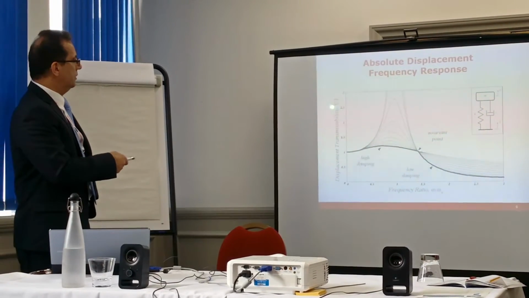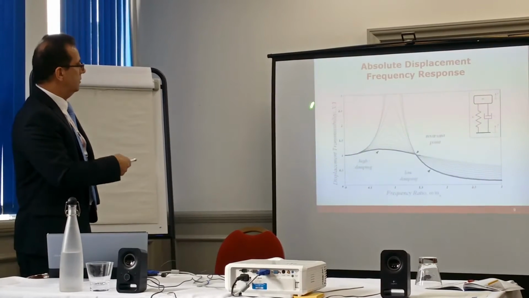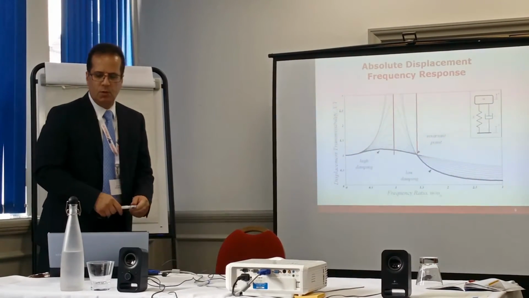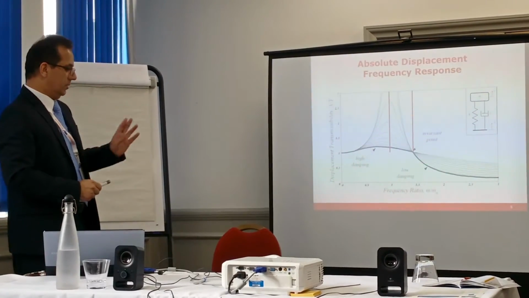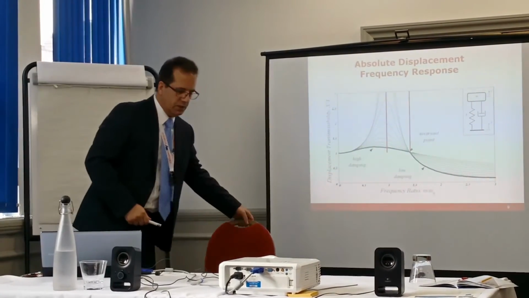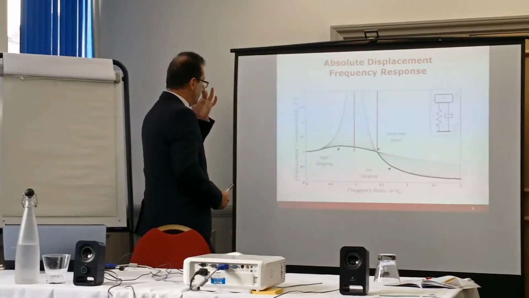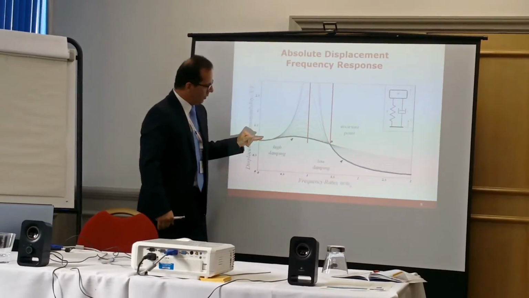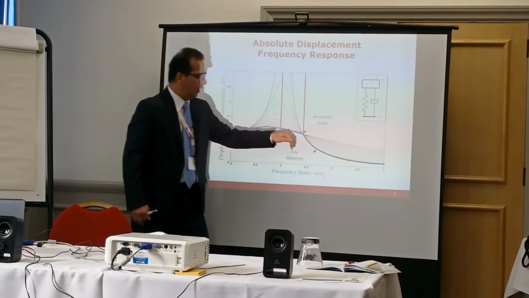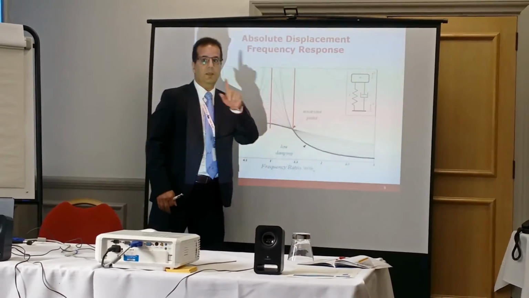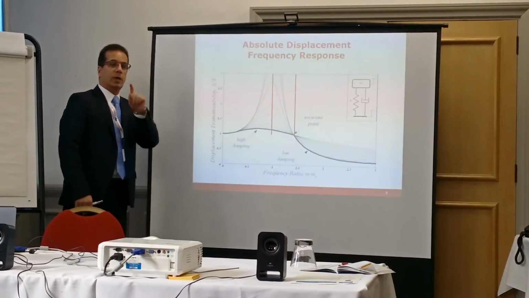Same situation with displacement transmissibility. So what is the solution for such a requirement? Instead of talking about low frequency, high damping, high frequency, low damping, let me switch the problem to amplitude.